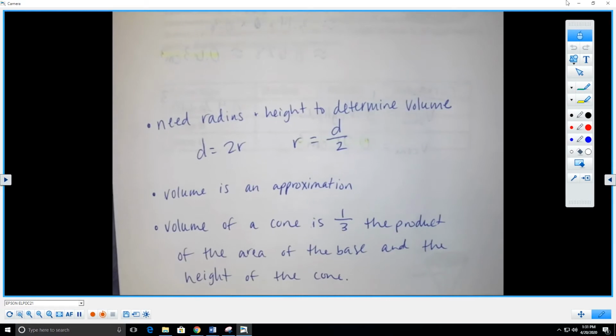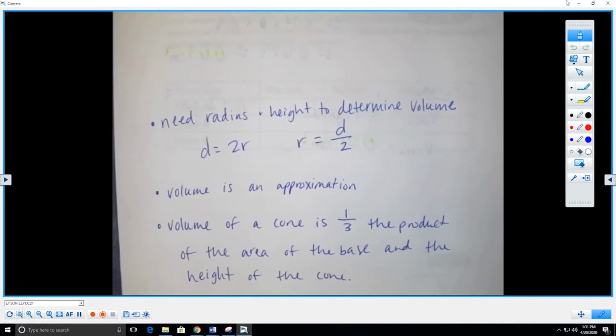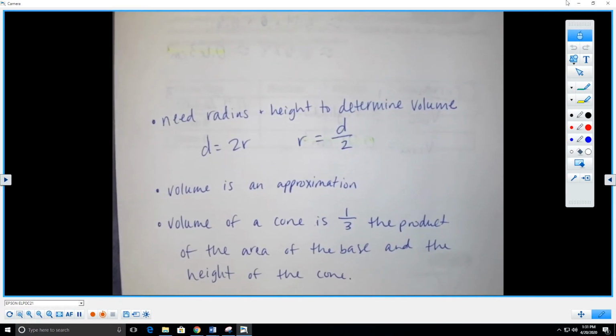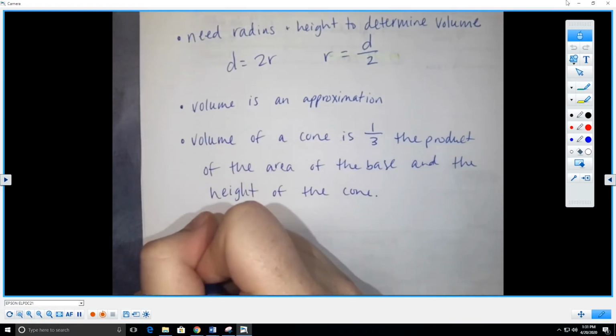And then if you have a cone and a cylinder that are congruent, same area and same height, so let's write that down here.